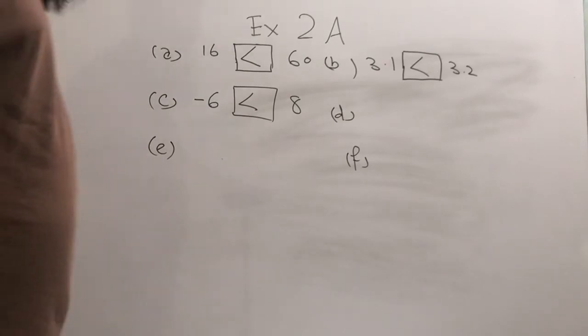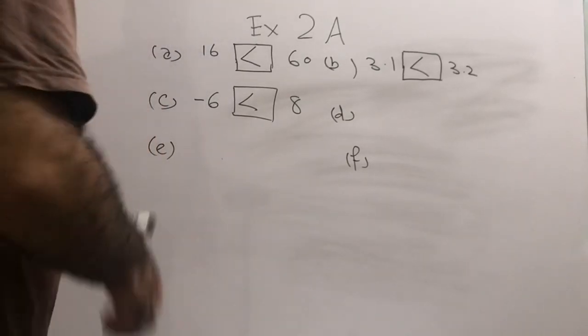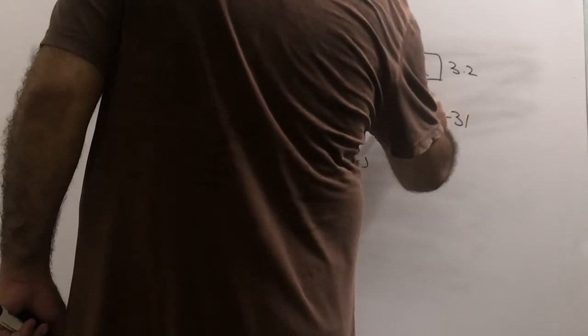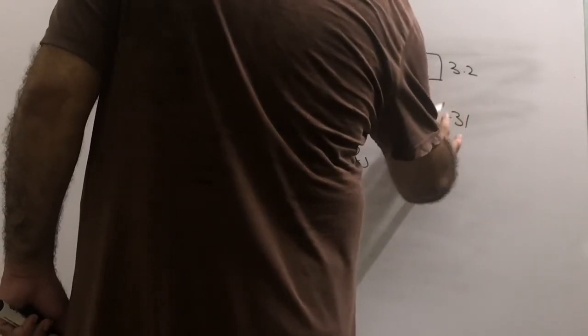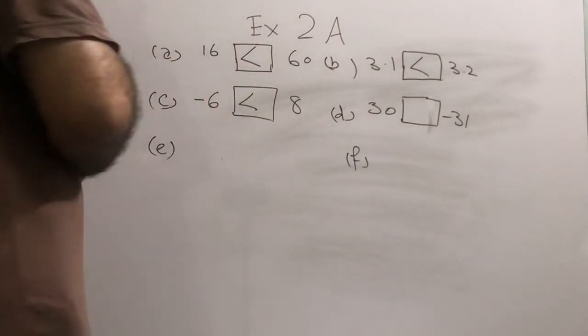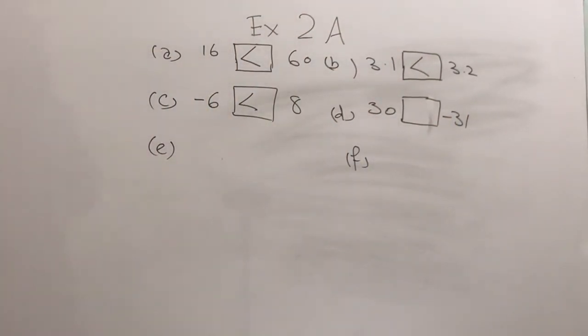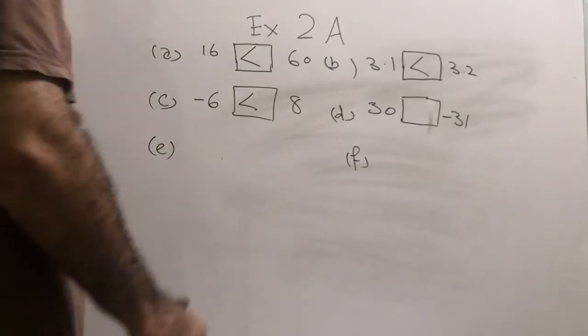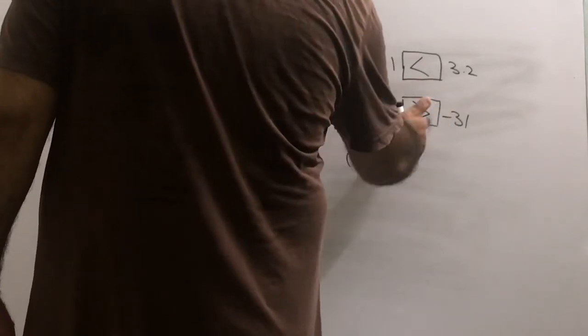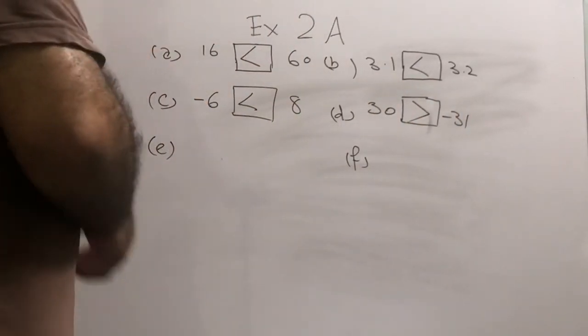Okay, part D says 30 and minus 31. This is still the same situation which I told you, that when you are comparing two numbers, one with the positive sign and one with the negative sign, the positive number is always greater than the negative number. So we'll be putting this sign. 30 is greater than minus 31.